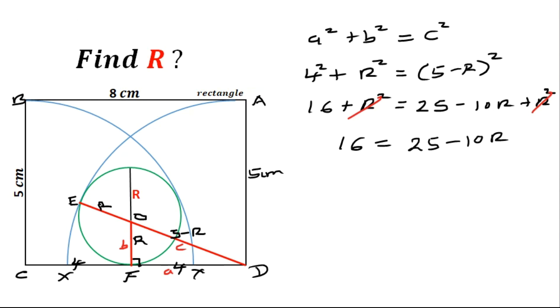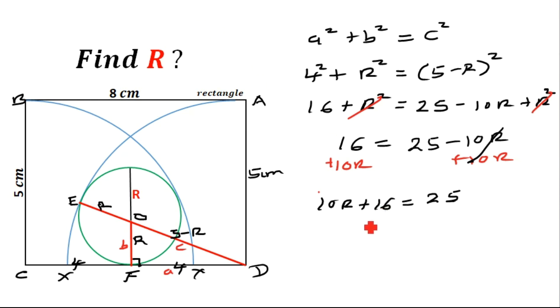So what can we do? We can add 10R on either side of the equation. Negative 10R and positive 10R will cancel out, so we'll remain with 10R plus 16 equals 25.